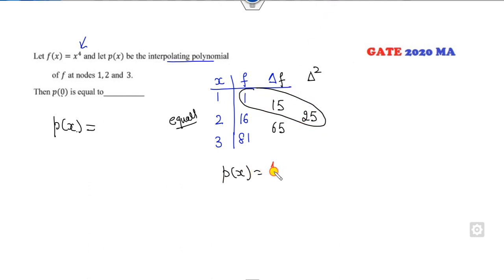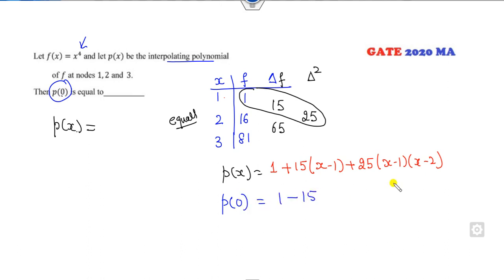It's 1 plus 15 of x minus 1 plus 25 of x minus 1, x minus 2. Now your target is to find the value of p of 0. So what is that? 1 minus 15 plus 50. It's minus 14 plus 50. So the right answer is 36, which is the correct answer of the problem.